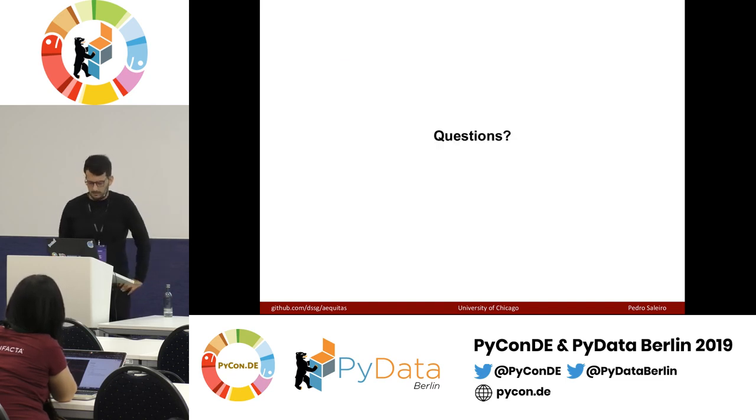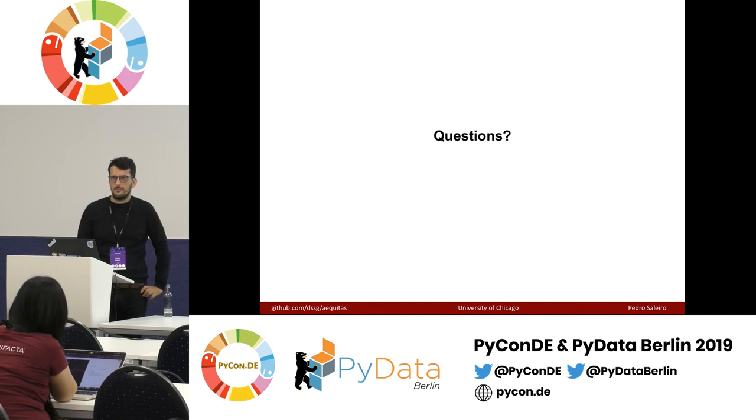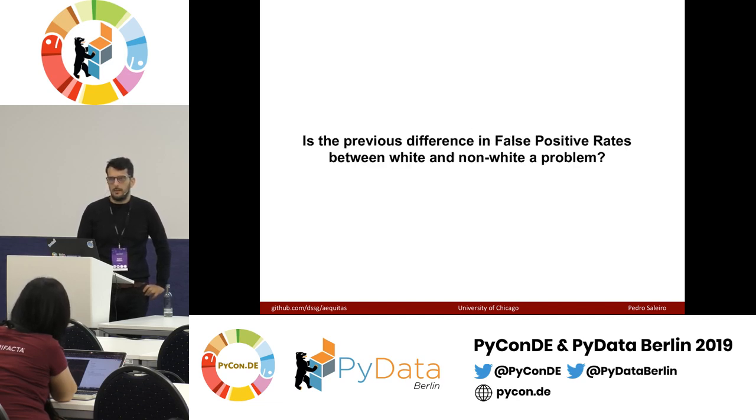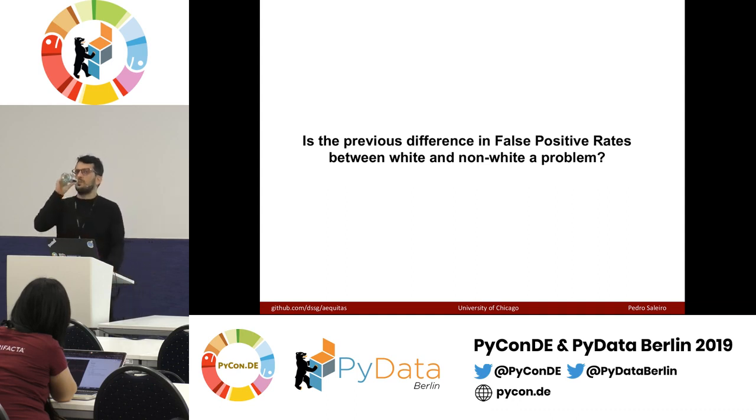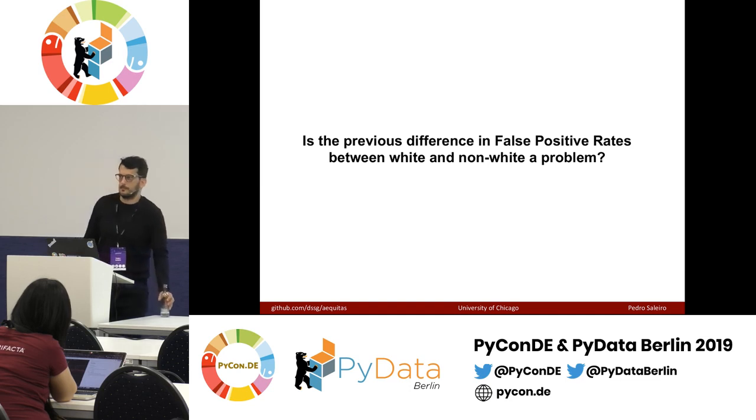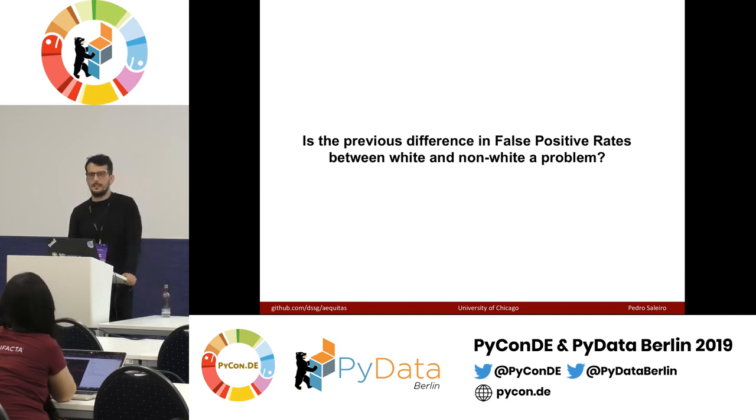So now, any question about this subgroup decomposition? No, it's straightforward. So what about this question? Is this previous difference on false positive rate between white and non-white a problem? Anyone can chance an answer? Take the risk. Yes.